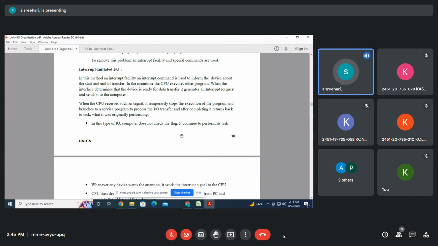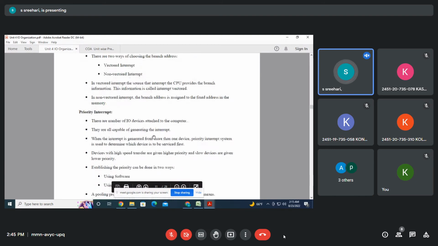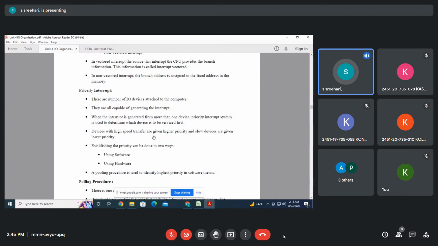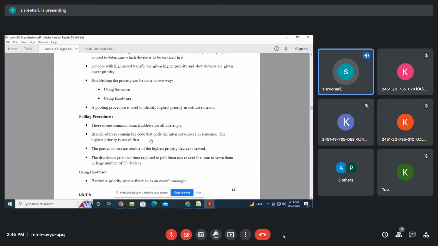The interrupt is initiated from the interface. So that is the advantage of interrupt initiated IO. The process is the same as programmed IO, the only change is that an interrupt is sent to the CPU. That is called interrupt initiated IO, right?